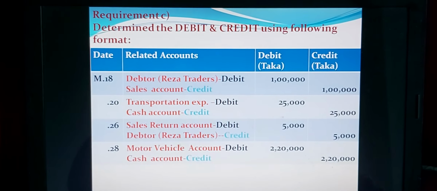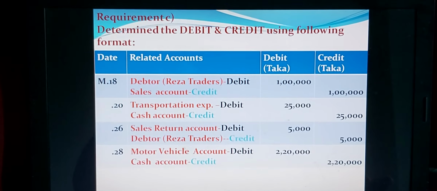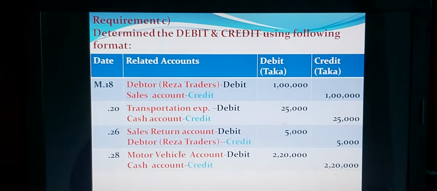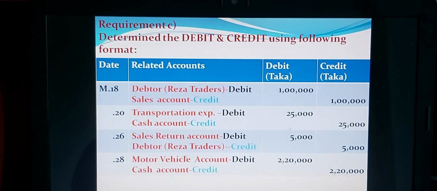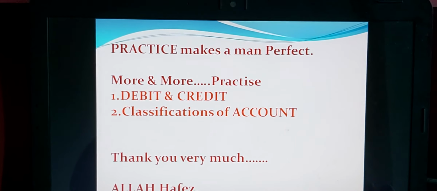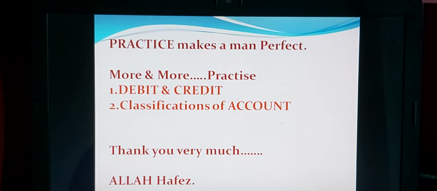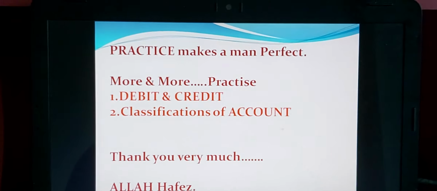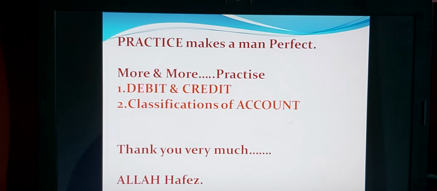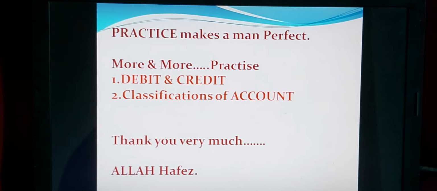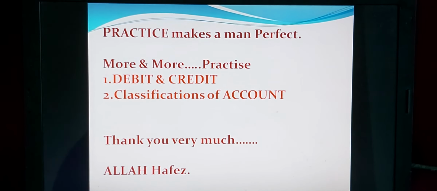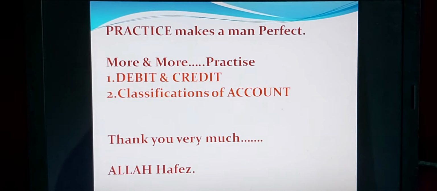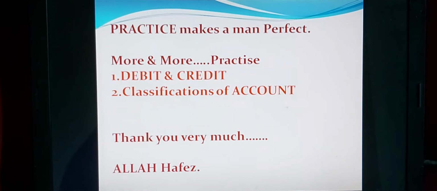Okay, dear learners, I have completed the full lecture for this chapter. You can see in the slide, on the screen, practice makes a man perfect. It is very necessary to do more and more practice.